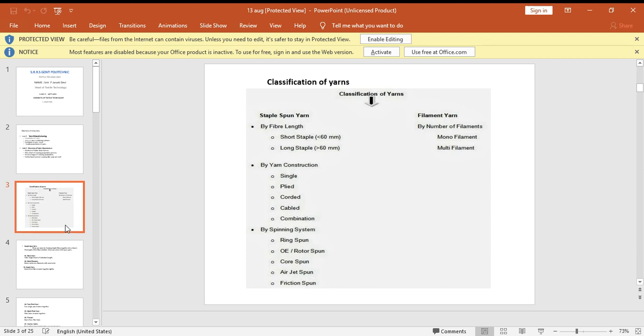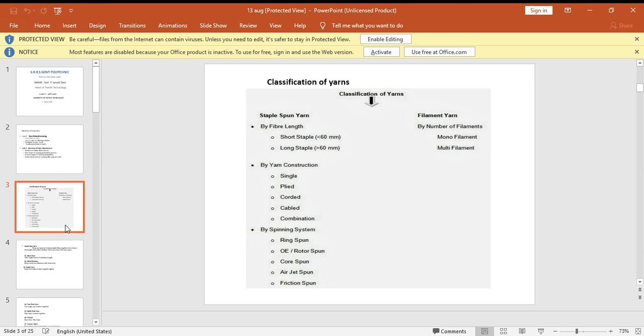You can see in the slide the classification of yarns. It is divided into staple spun yarn and filament yarn. In staple spun yarn, by fiber length, short staple is less than 60 millimeters and long staple is more than 60 millimeters. And by construction, the yarn is classified into single, plied, corded, cabled, combination.